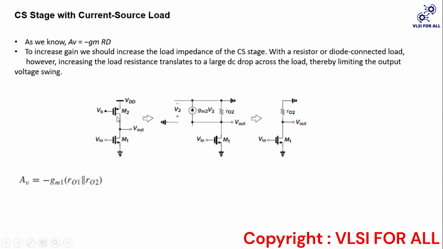So the equivalent resistance will be R01 parallel to R02. The transconductance, by changing the input, the current will change, that is gm. So the gain will be minus gm times R01 parallel to R02.